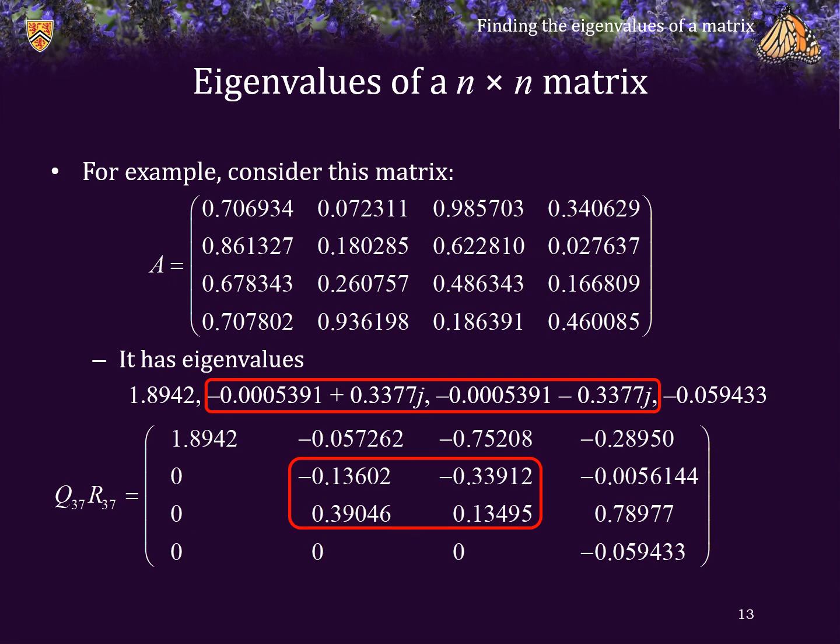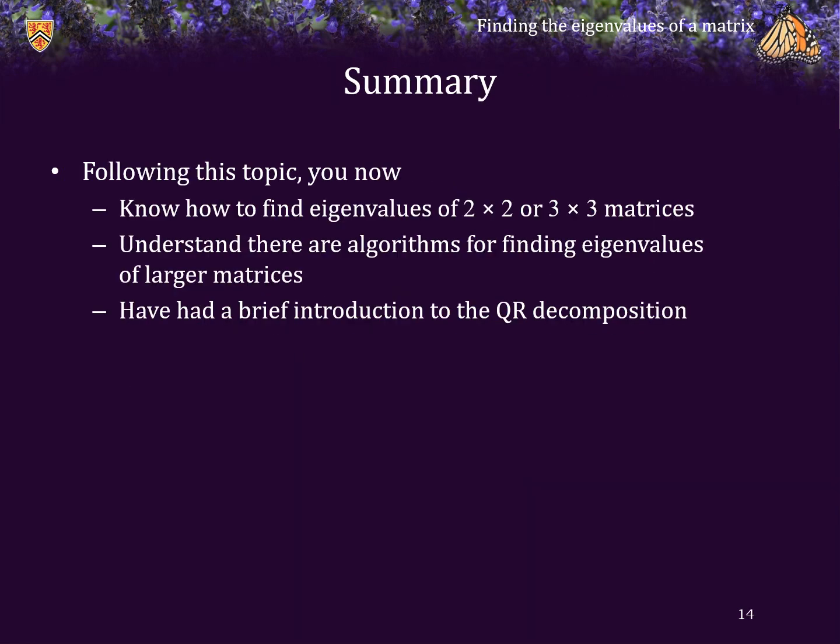All right, but please remember, this is beyond the scope of the course. This is only being taught so that you are aware how such algorithms work, as well as introducing the QR decomposition. Following this topic, you now know how to find the eigenvalues of a 2x2 or a 3x3 matrix.